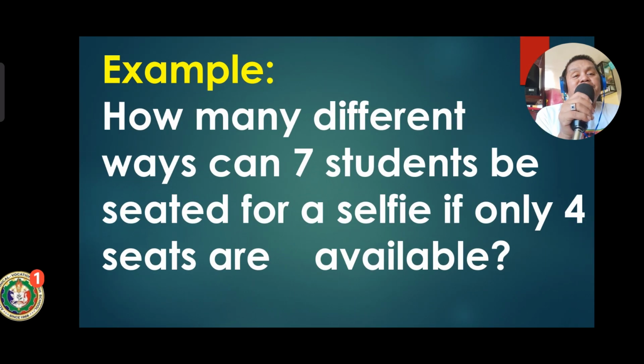Example: how many different ways can 7 students be seated for a selfie if only 4 seats are available? Again, how many different ways can 7 students be seated for a selfie if only 4 seats are available?